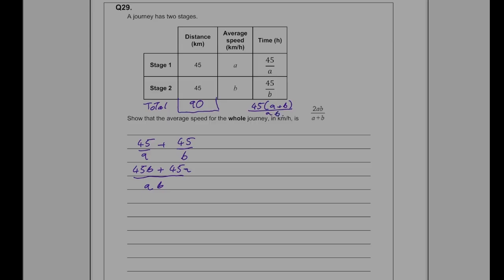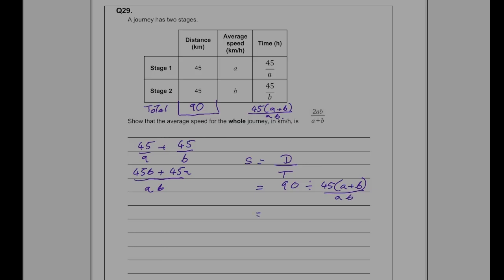Right, so if I want to find the average speed for the journey, speed is equal to total distance divided by total time. So that's going to be 90 divided by, we'll put it in as a division for now, 45 lots of A plus B over AB.